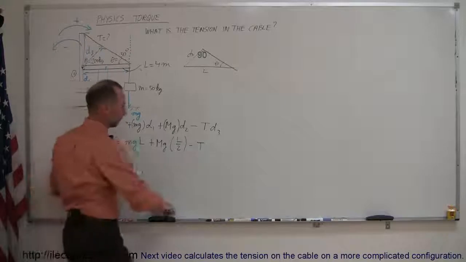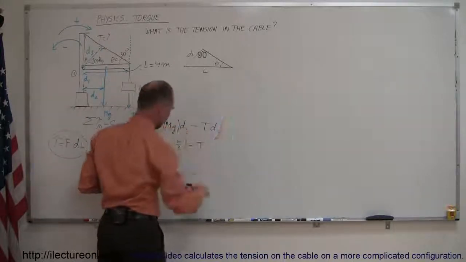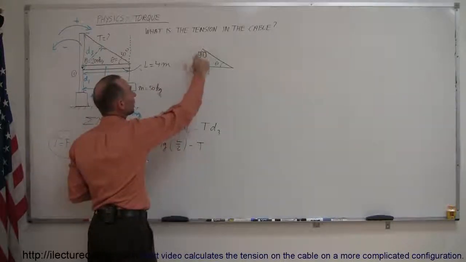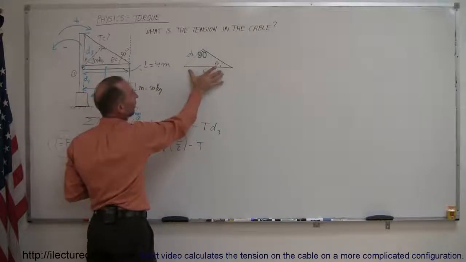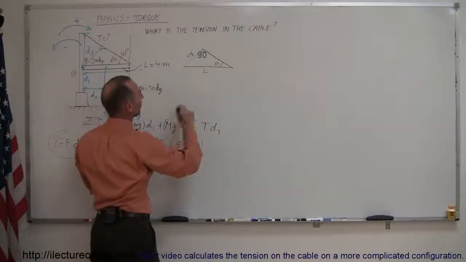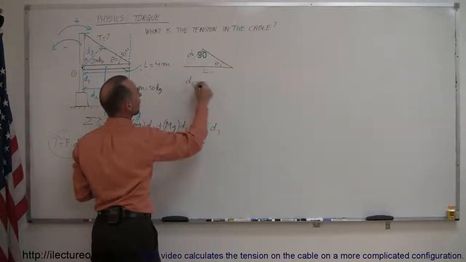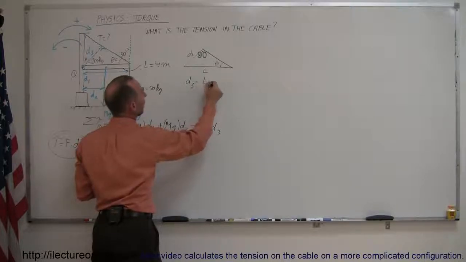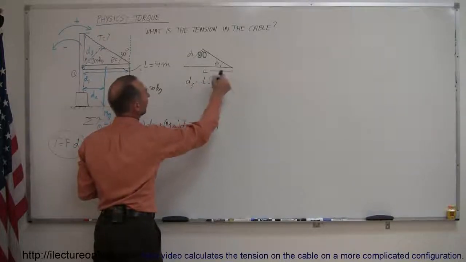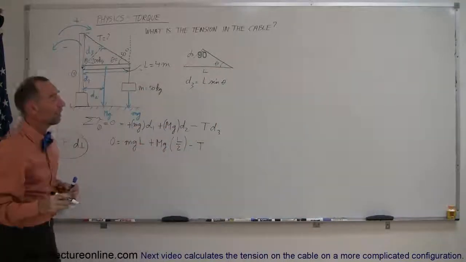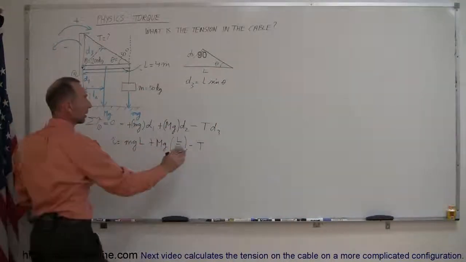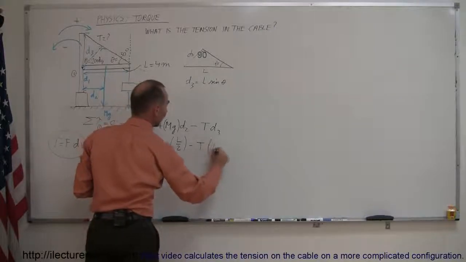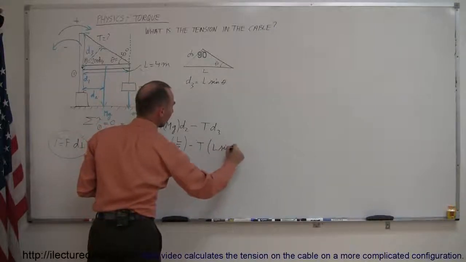Now notice that d3 is opposite to the angle. L is the hypotenuse of this triangle, so I can say that d3 is equal to the hypotenuse L times the sine of the angle theta, because it's opposite to the angle theta, so therefore the sine of theta will define d3. So I can then plug in what d3 is equal to. It is equal to L times the sine of theta.